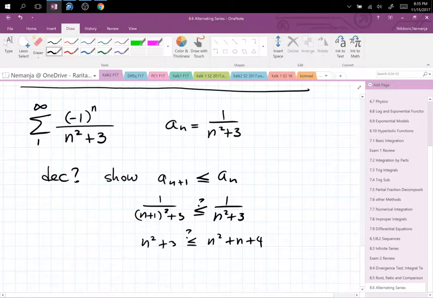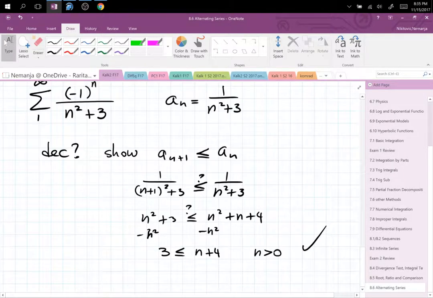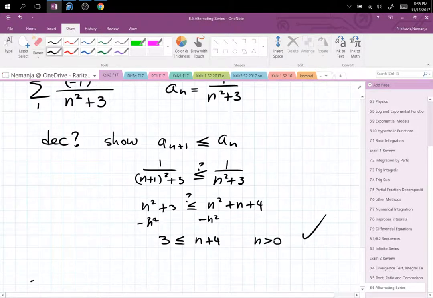Minus n squared on both sides, and you have that 3 is less than n plus 4. Now, remember that n is bigger than 0, so this holds for all positive n. That's correct. So is it decreasing? Yes, it is.